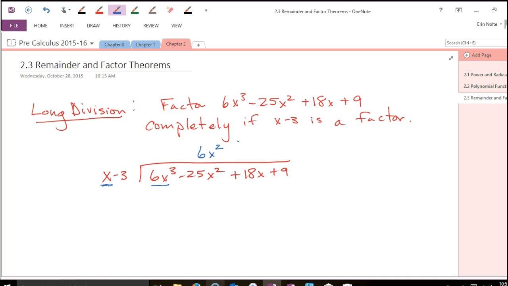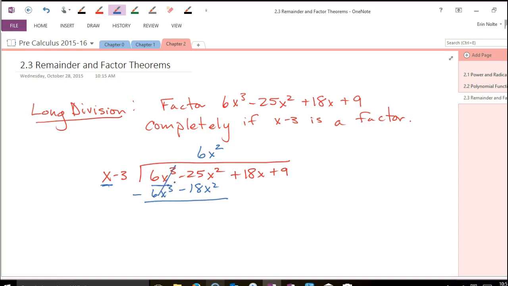What is 6x squared times x? 6x cubed. And what is 6x squared times negative 3? Negative 18x squared. Then does anybody remember what I do now? Then you subtract. Good. When I subtract, my x cubes should go away if I've done this correctly.